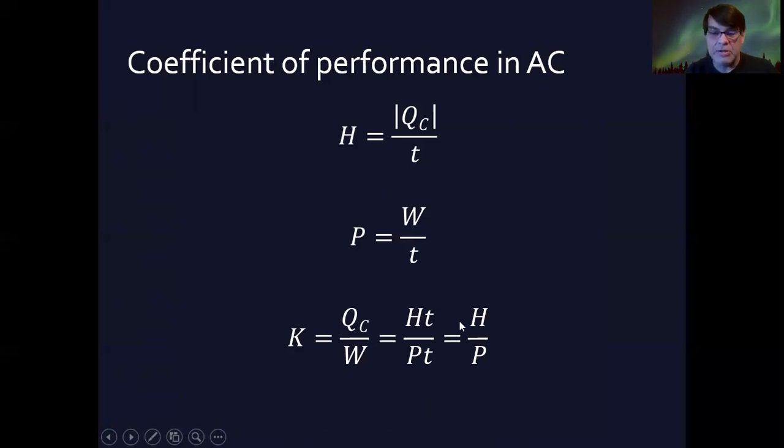The T's cancel out, and so we basically know that with an air conditioner, the coefficient of performance is the rate of heat removal divided by the amount of power that is going into the compressor. Okay, so this is a formula for the coefficient of performance that relates especially to air conditioners.